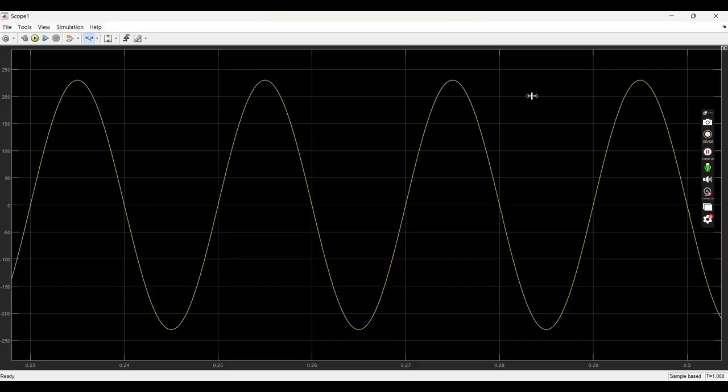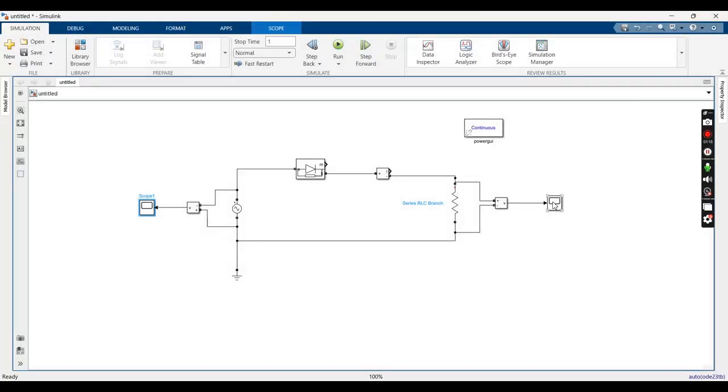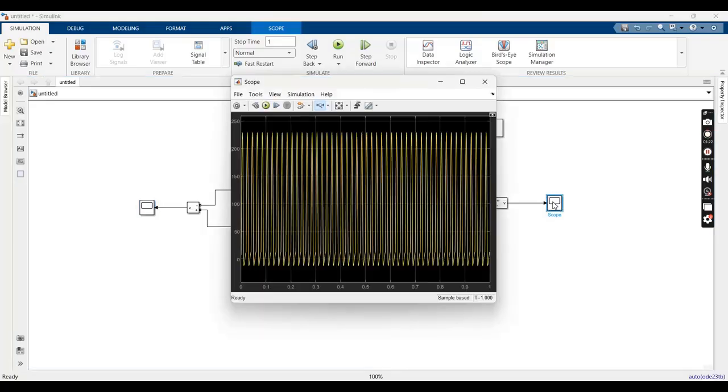It's a 230 volts 50 Hz pure sine waveform. Let's check the output waveform at the load. Click on scope 2.